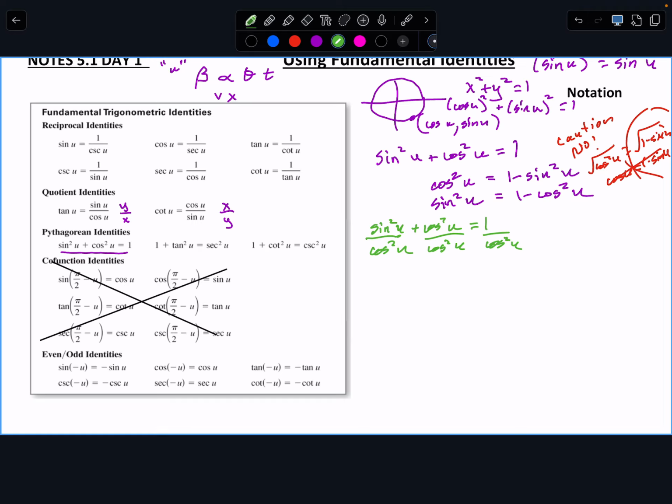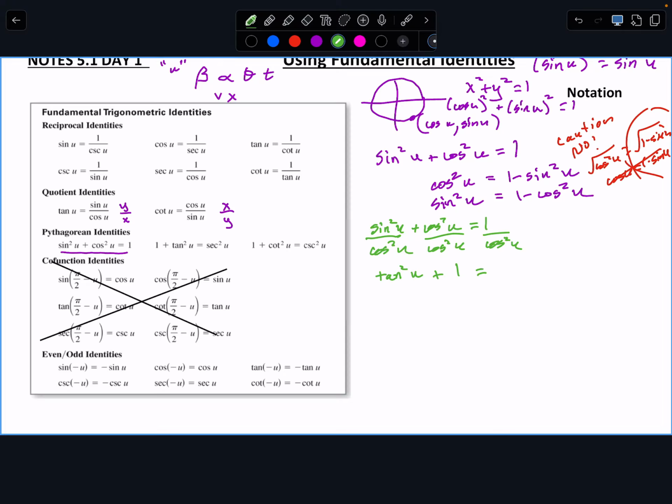So I'm dividing both sides by cosine squared. You have something that's equal, it's legal to divide both sides by it. Well, sine over cosine is tangent. So if it's sine squared over cosine squared, this is tangent squared. And cosine over cosine is 1.